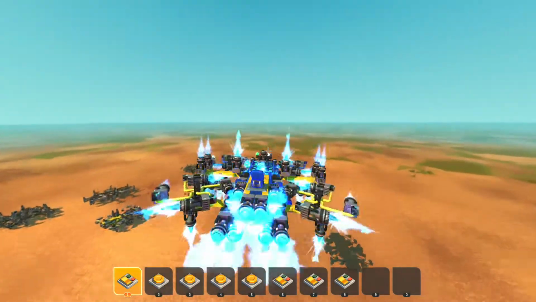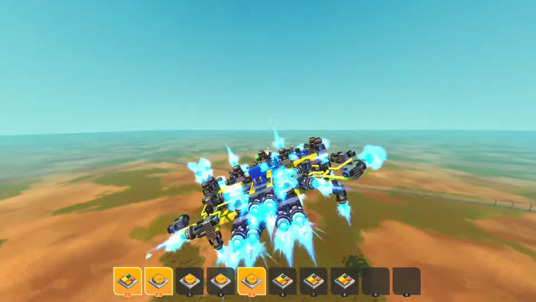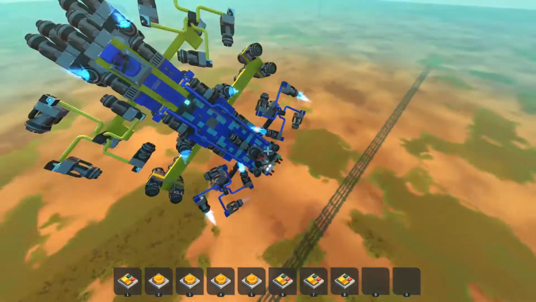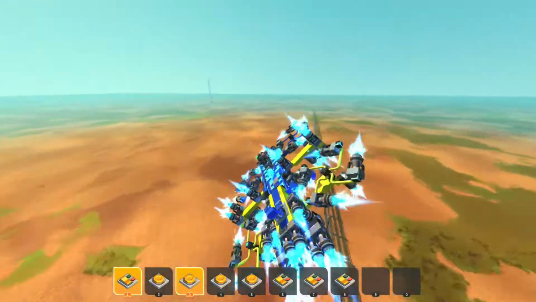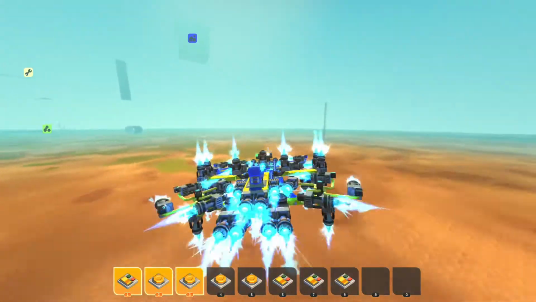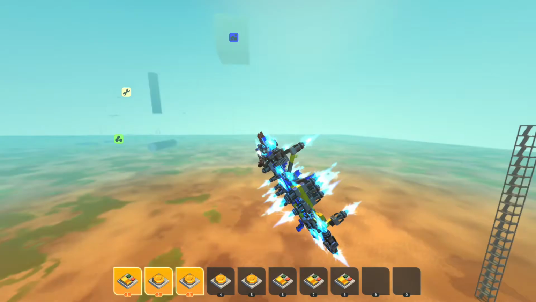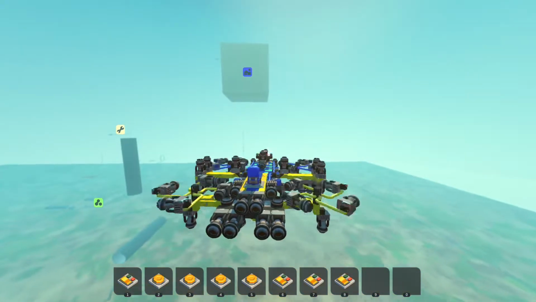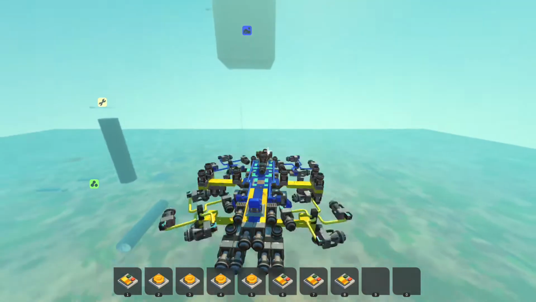If I'm going this way and I turn this way without hitting the wall, it will effectively yaw to the right.